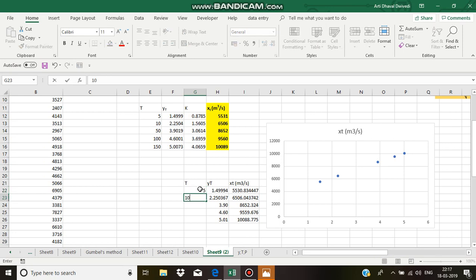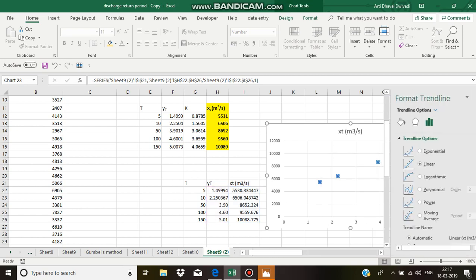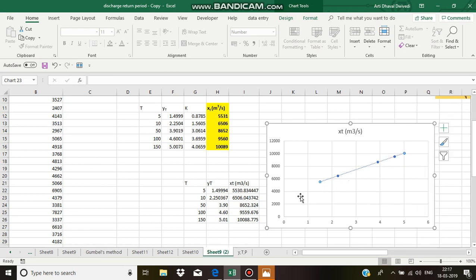We already know the value of t corresponding to the value of yt, 5, 10, 50, 100, 150. And you can use this graph to obtain the value of corresponding time interval for any value of Q or discharge.